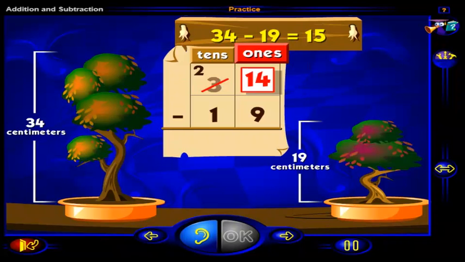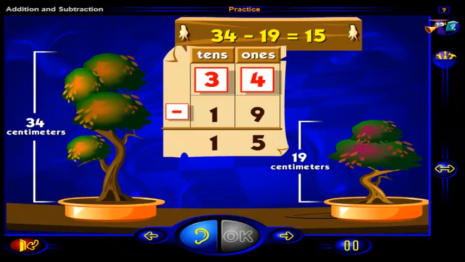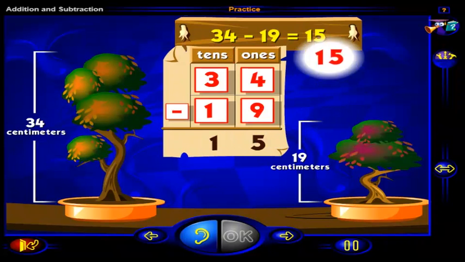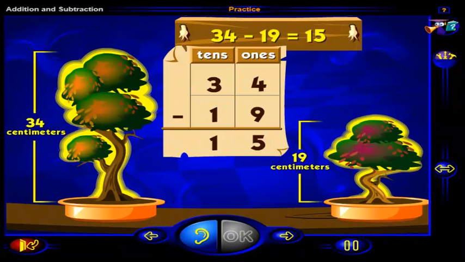And 14 minus 9 is 5. Subtracting in the tens place, 2 minus 1 is 1. So the difference between 34 and 19 is 15. And this bonsai tree is 15 centimeters taller than this bonsai tree.